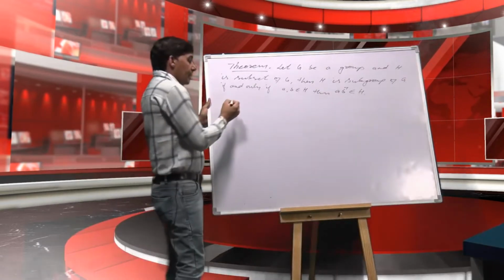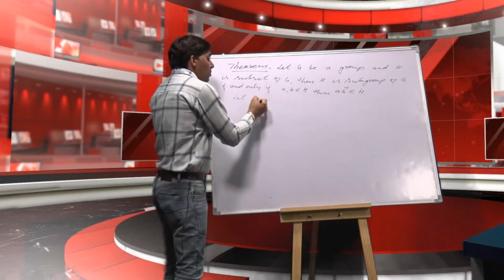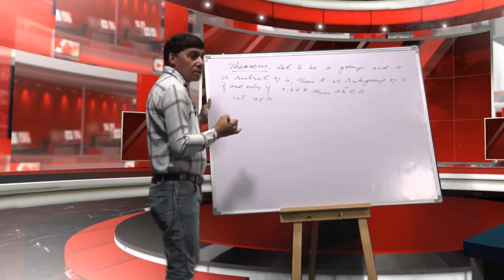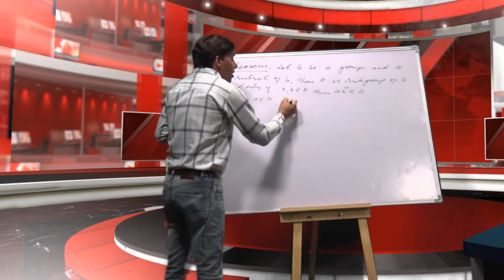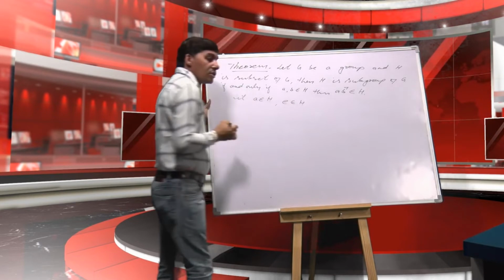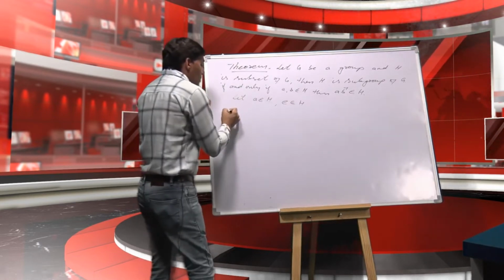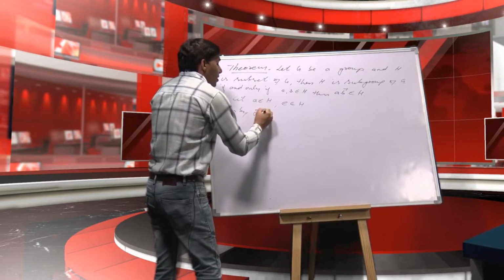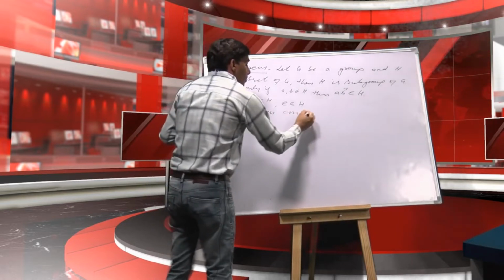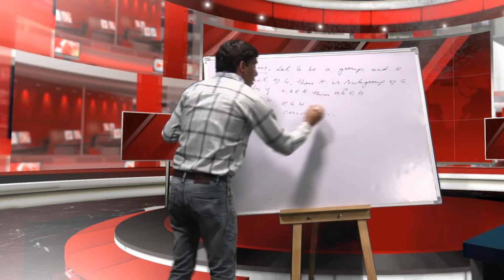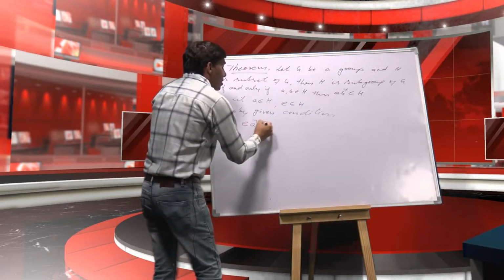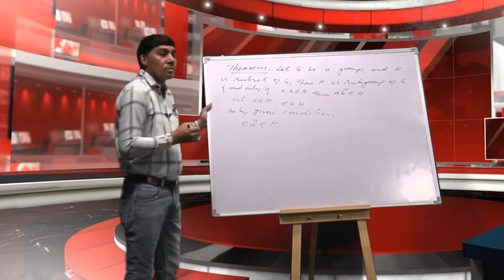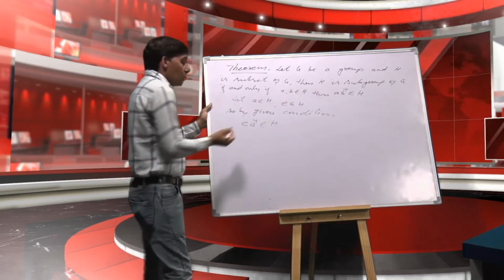Next, let a belong to H, and by the previous result e belongs to H. So by the given condition, e into a inverse also belongs to H, but e is the identity.